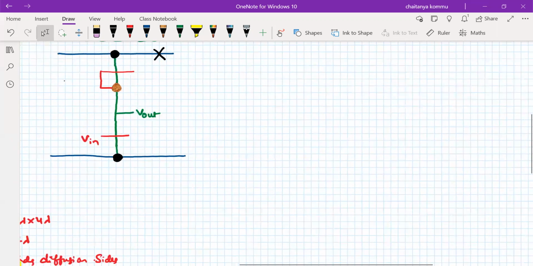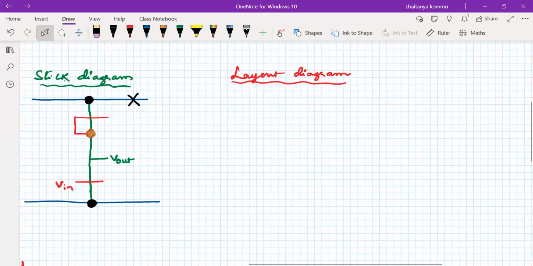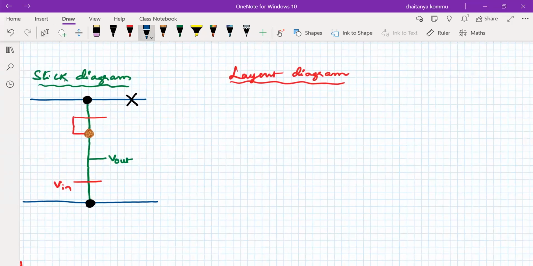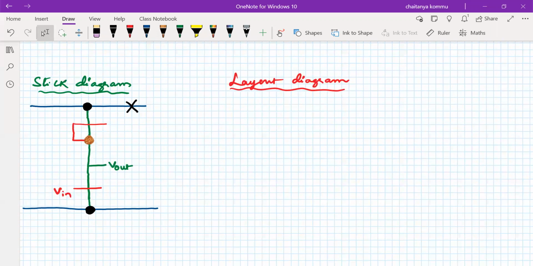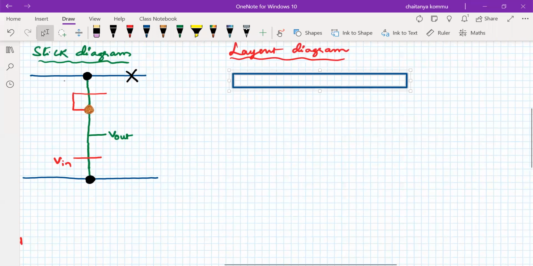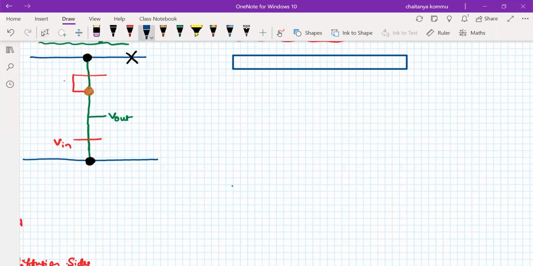So let us draw the layout for this. Okay, so we have to take, I think it is better to take boxes. Okay, so this is the metal line, this is the one metal, for the VDD, and I'm going to consider another metal as well.